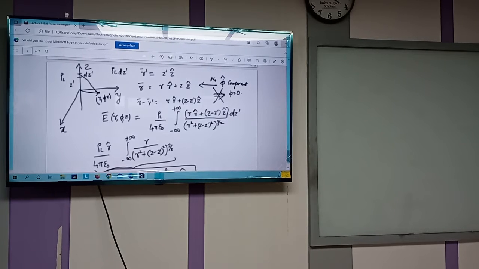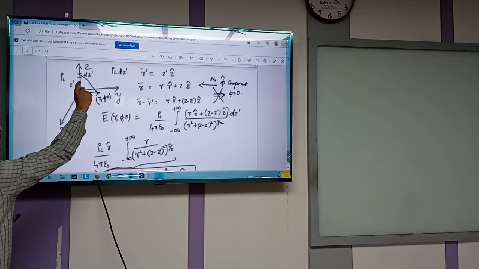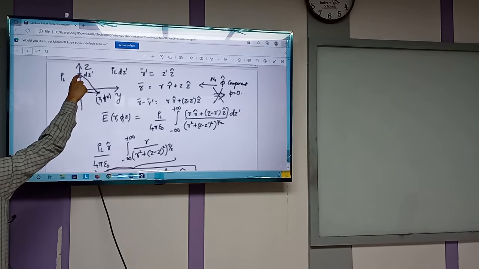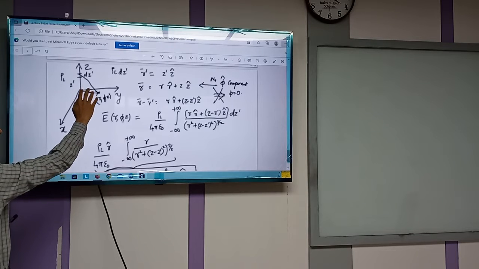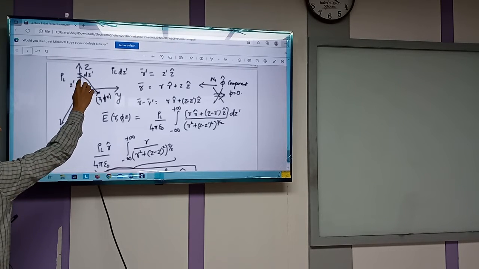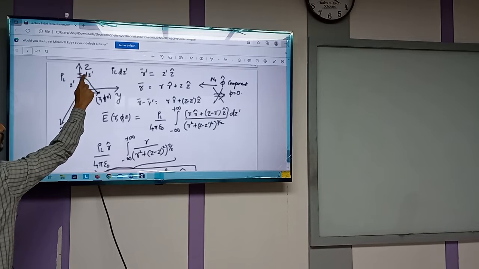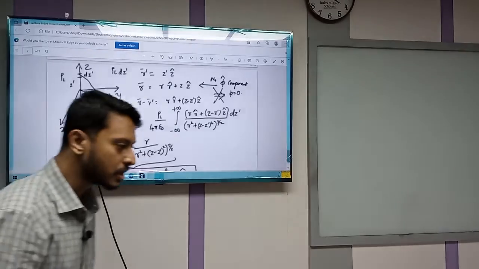And I consider a small segment dz bar along the z axis from this horizontal plane in this direction.